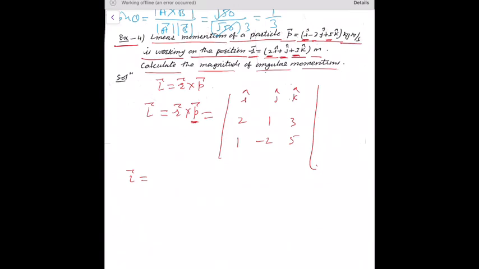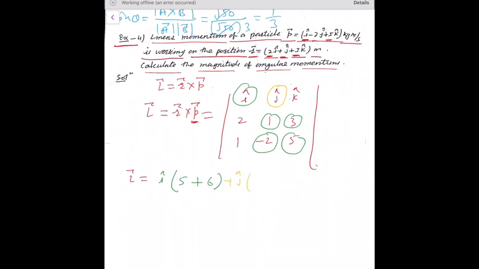So L vector is equal to first I cap: 1 into 5, minus 3 into minus 2, minus 6, minus minus plus 6.